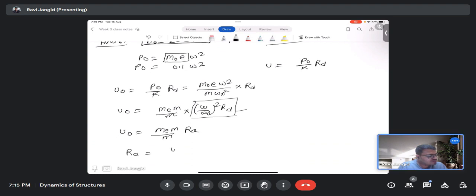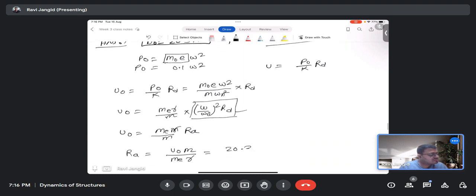So RA becomes U naught times M over M e into R. This value U naught is given to you, 20.3 mm, into 10 raised to the power minus 3.